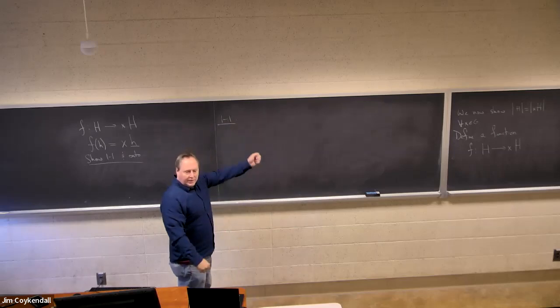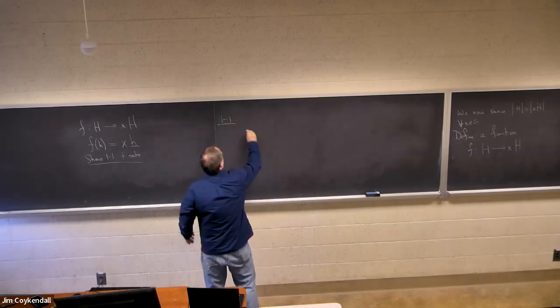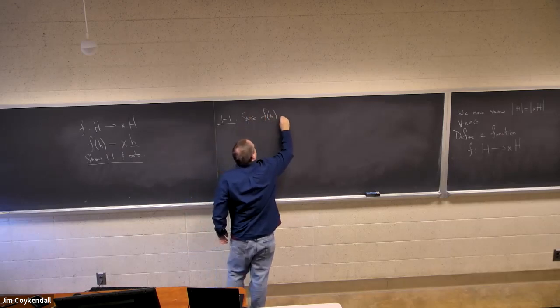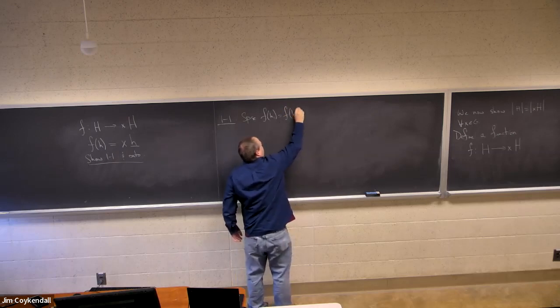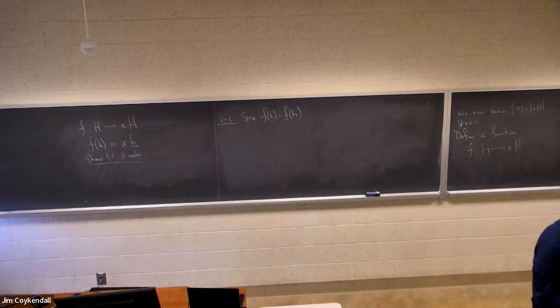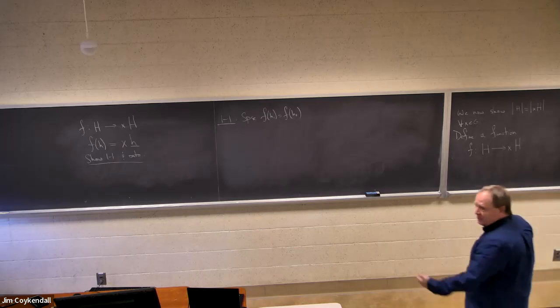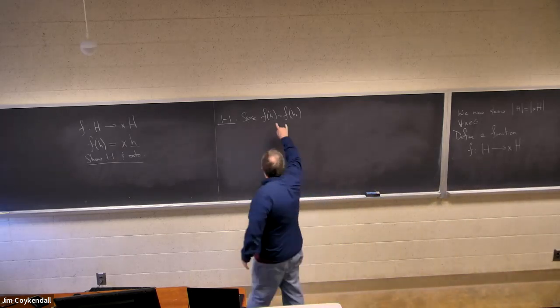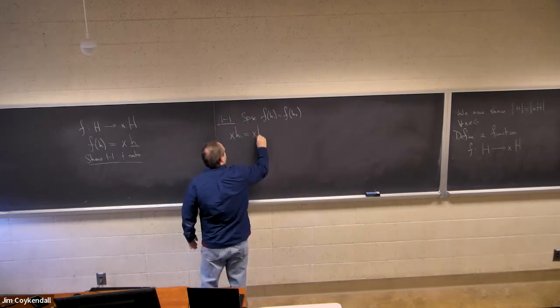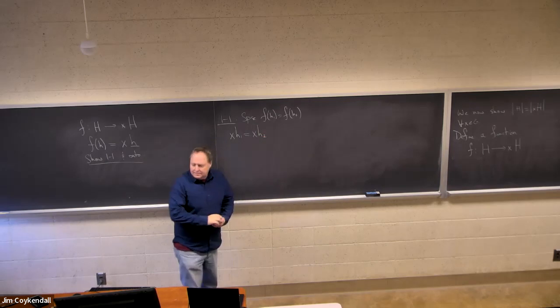So let's suppose H1 and H2 give the same output, right? We've got to show that the input is the same. That is, we need to show that H1 and H2 are the same. What does it mean for them to get the same output? This means that X H1 equals X H2. Agreed?